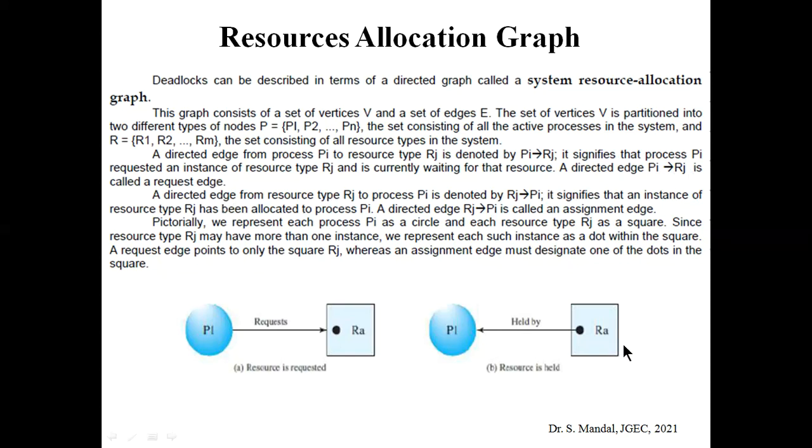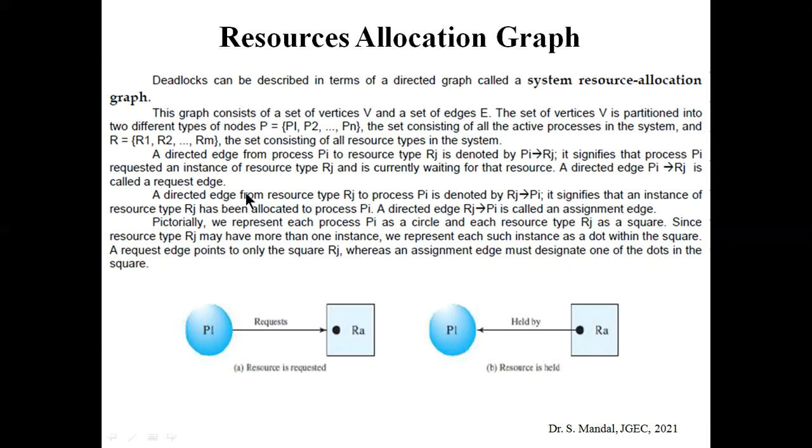Now, second scenario: if the edge starts from Ra towards P, or it starts from the R node to the P node, in that scenario we can say that the resource has been granted or allocated to the respective process. So a directed edge from resource type Rj to Pi is denoted by Rj to Pi.